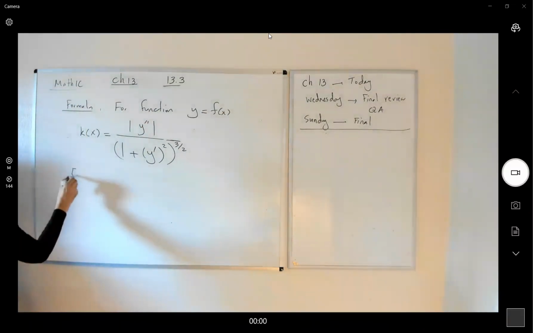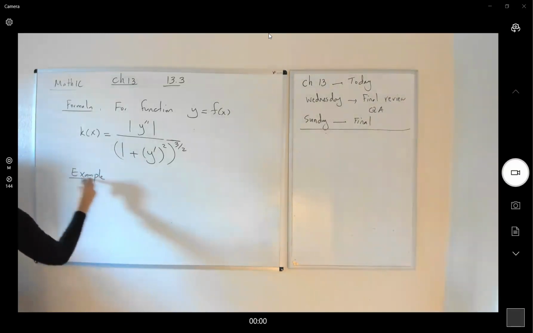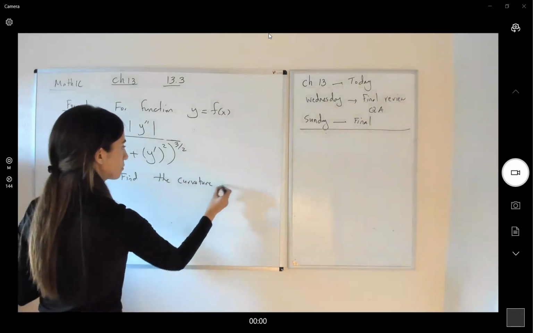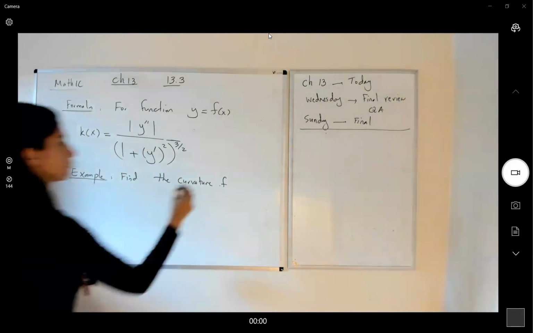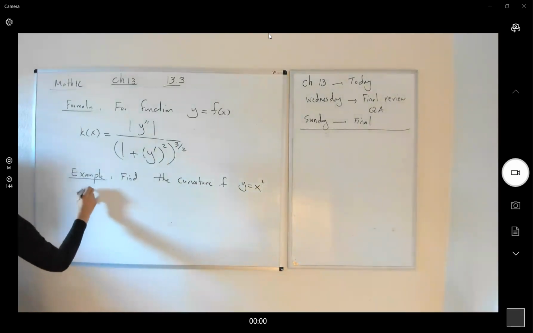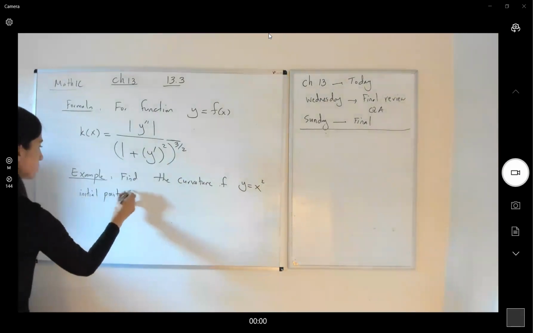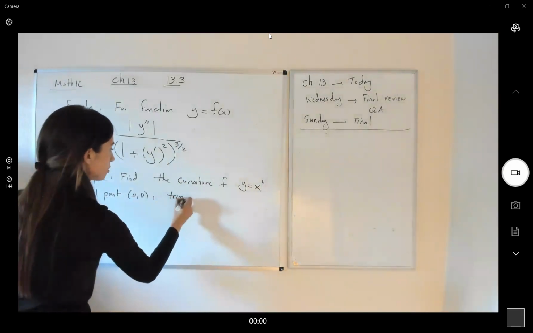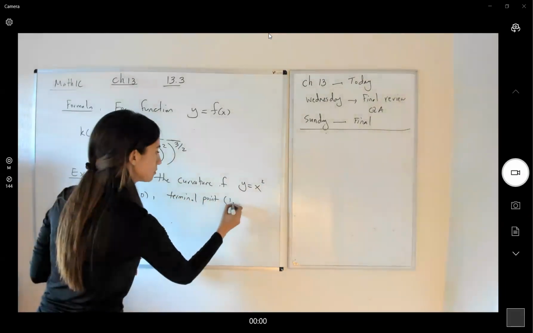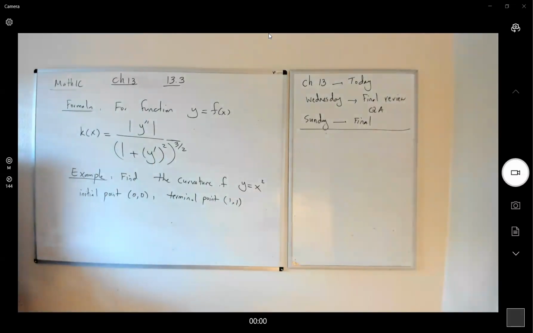For example, question says, find the curvature of the following function, y equals x squared, with initial point 0, 0, and terminal point 1.